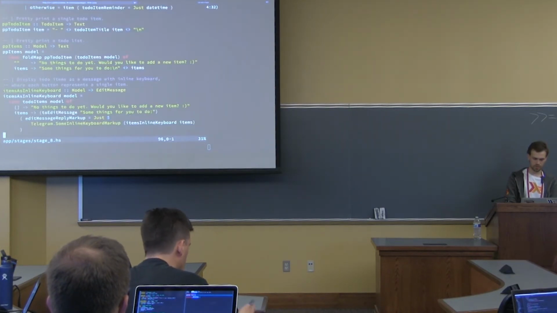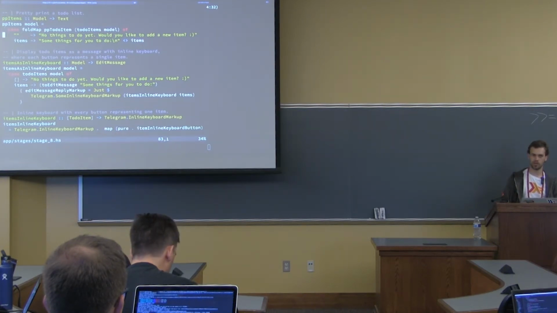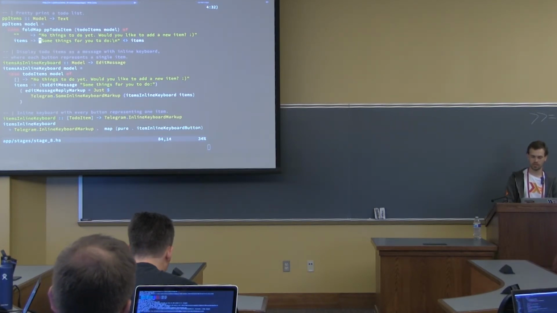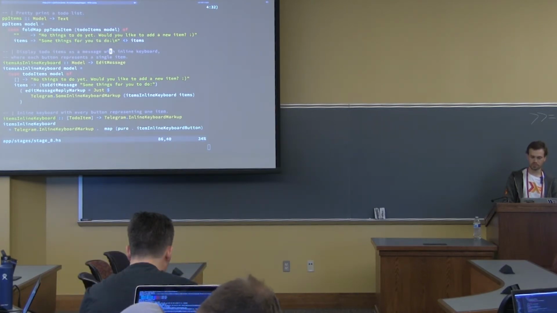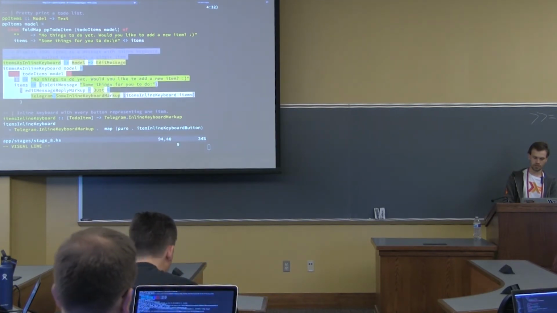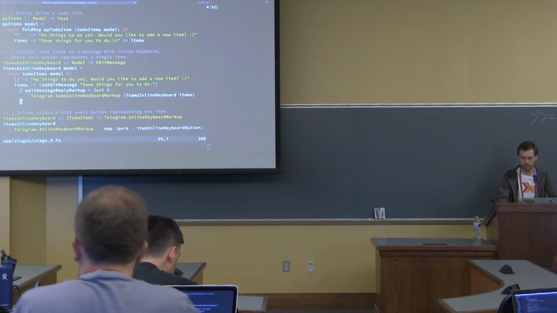So in stage 8, there's pretty print items, which basically does the pretty printing like we had before. Although here we handle the empty case and we add some more stuff in there, but it's basically the same. And here is the inline keyboard for items.